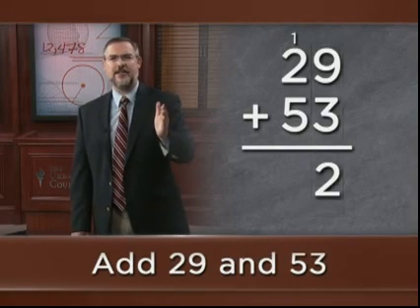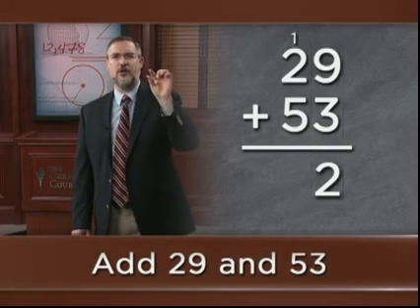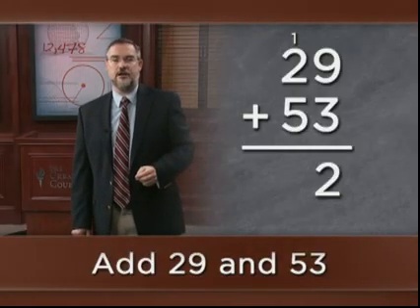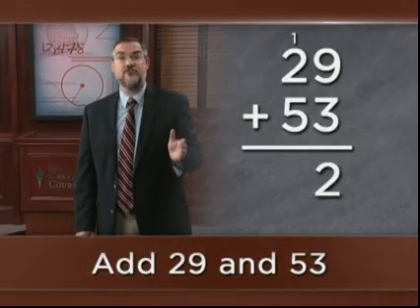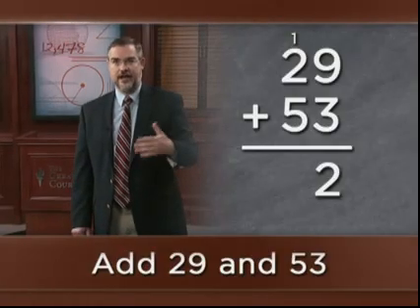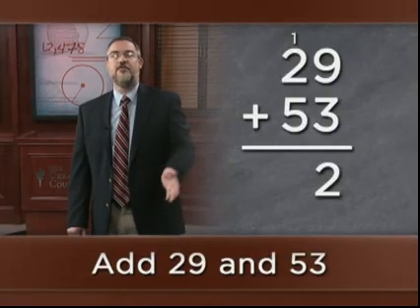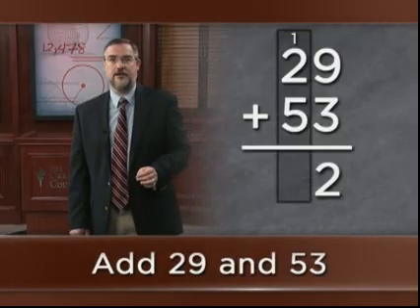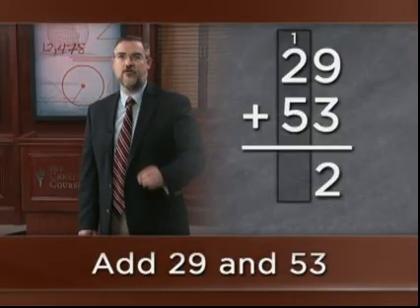Now, I like to write that 1 as a little tiny 1 just up above that 2 in the number 29 to remind me that I have another 10 to add in. That 10 is coming from the 12. Then I add that 1 along with the 2 from the 29 and the 5 from the 53.